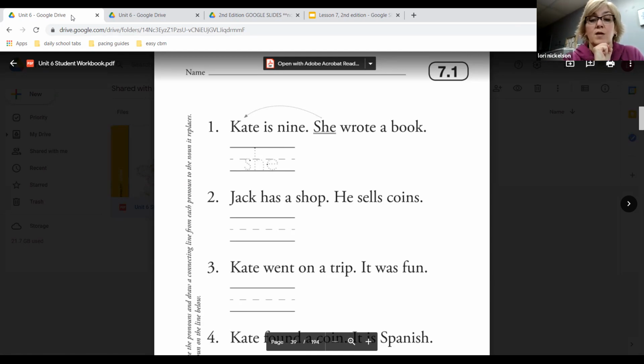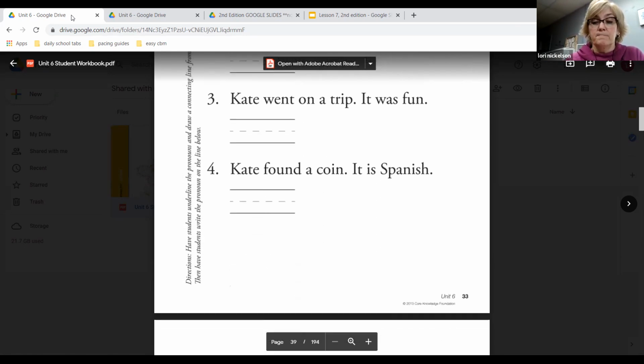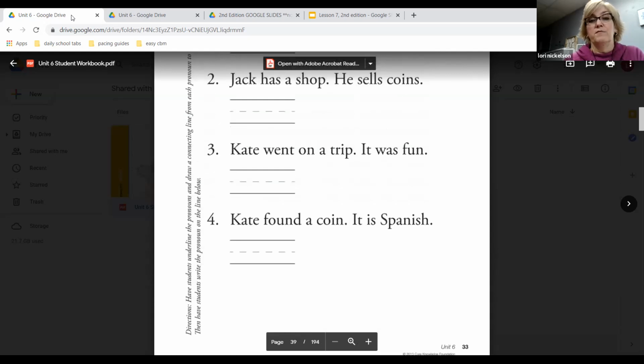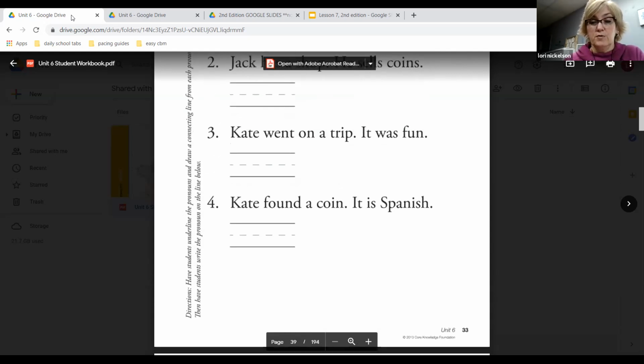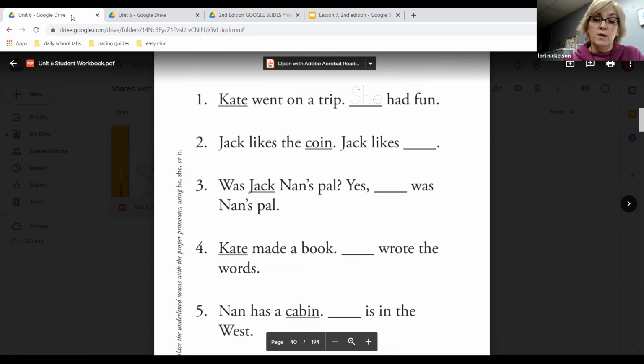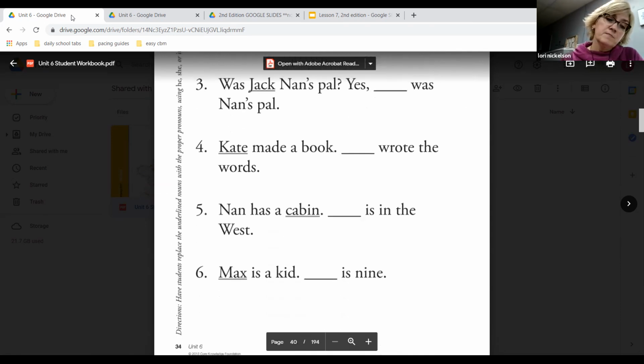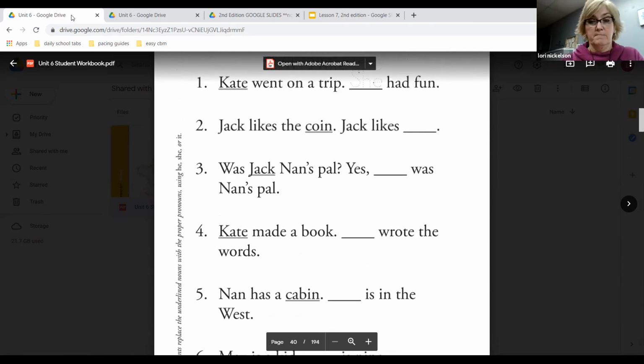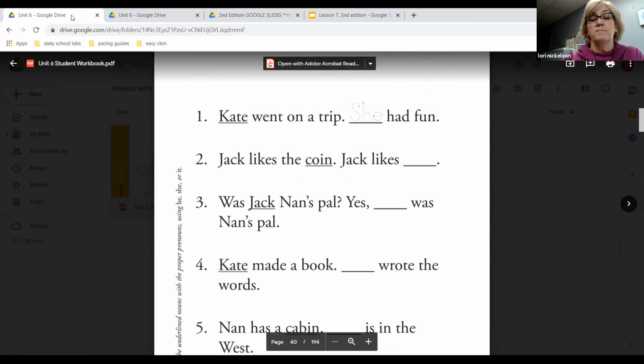Okay, so you've got 2, 3, 4 to do like that, okay? And then there's something different. So 2, 3, and 4, you're going to do like that. On 1 through 6, you are going to replace the underlined noun with the proper pronouns using he, she, or it. Okay, now notice there are two sentences and the blank line could be at the beginning of a sentence.